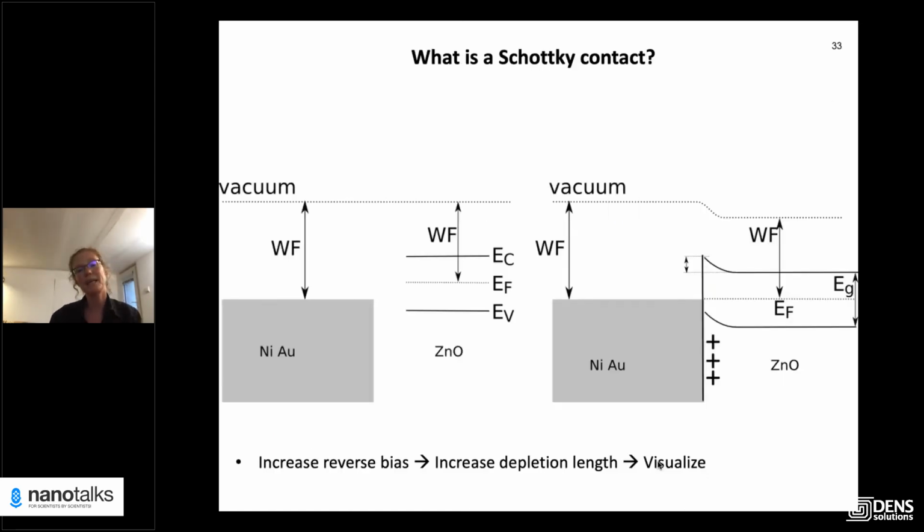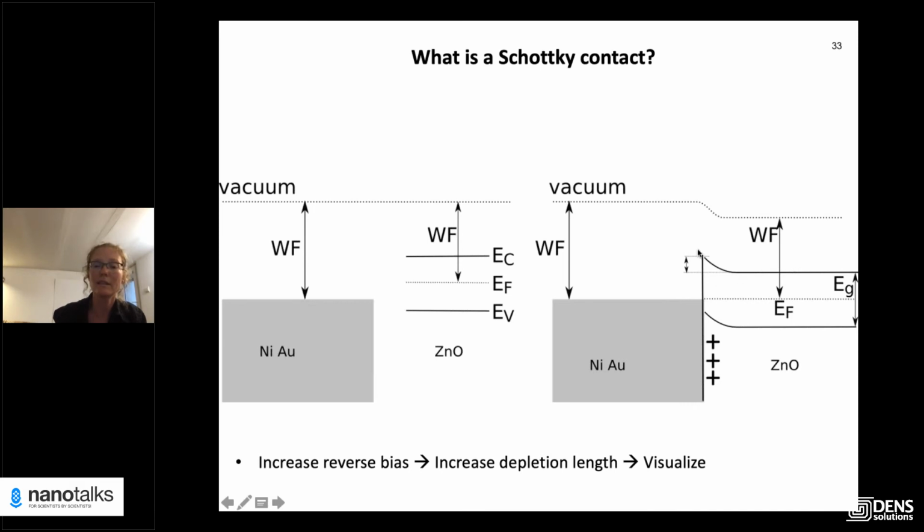Now we've tried to apply this to a Schottky contact. So I wanted to remind you briefly what a Schottky contact is. We have a metal and a semiconductor, and when you bring them into contact, there are 2 conditions that need to be fulfilled. The Fermi levels must line up and the vacuum must remain continuous.